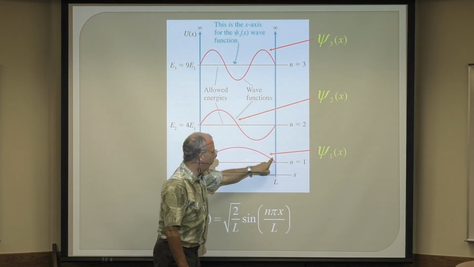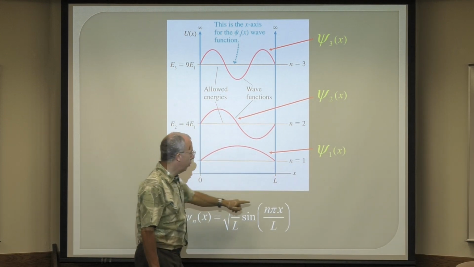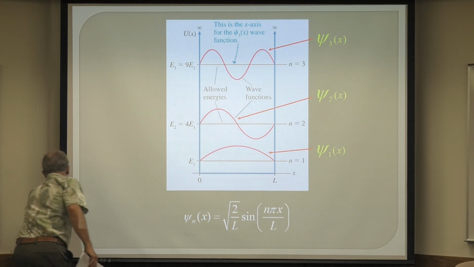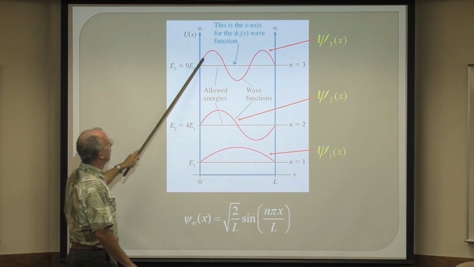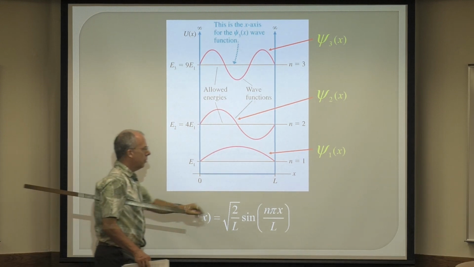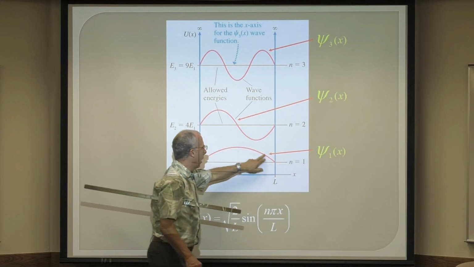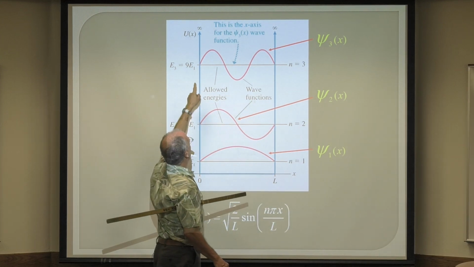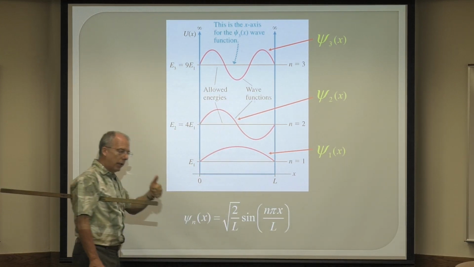That's psi 1. If you put 2, you get this. If you have 3, you get this, right? So you see a pattern. Psi 1 has 1 hump, psi 2, 2 humps, psi 3, 3 humps.